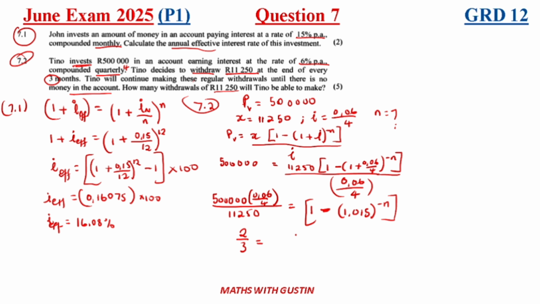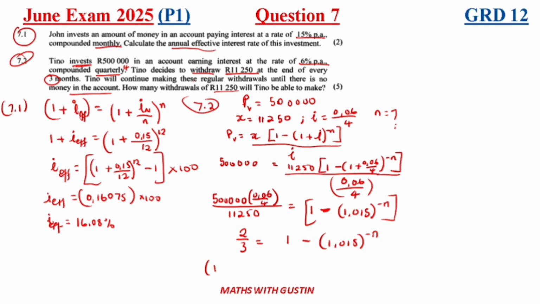Therefore, what I can do in this case is take 1 to the other side. So we're going to have 1 minus 2/3. Instead I would take this to that side, then take this to that side, just to make it a little bit positive, but whichever way is going to work, guys.